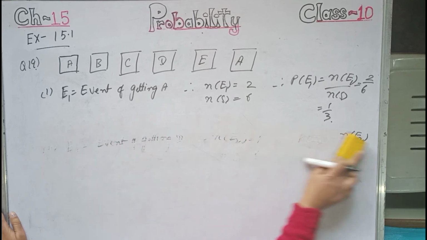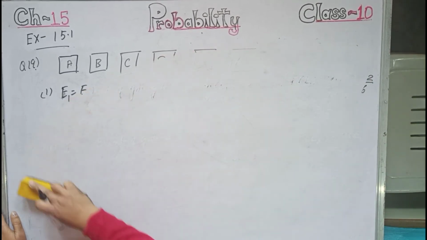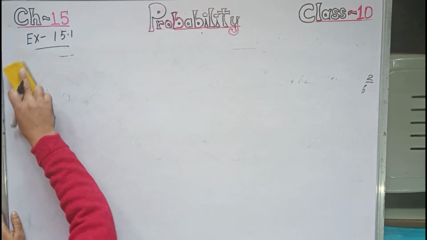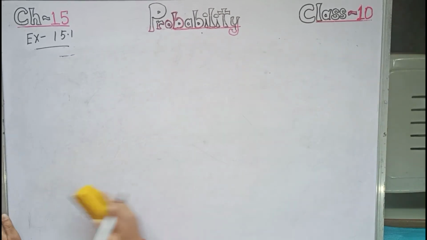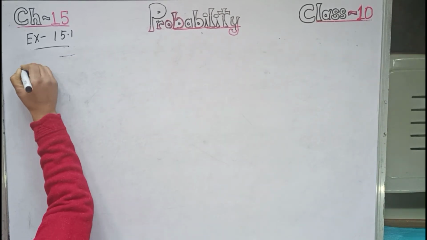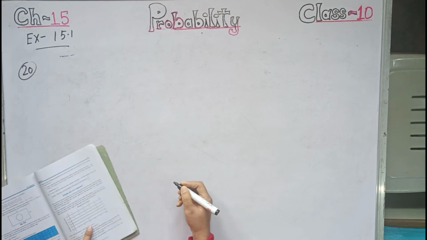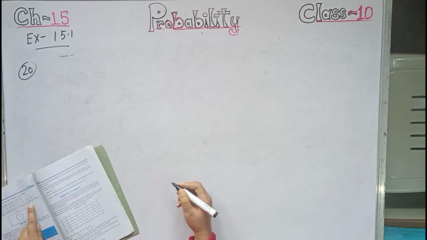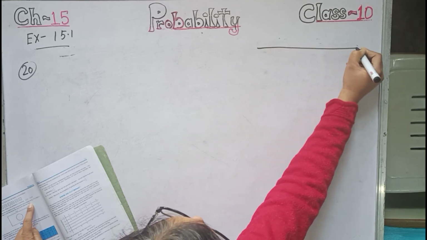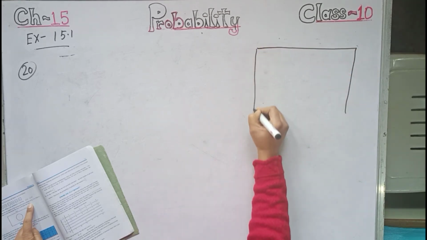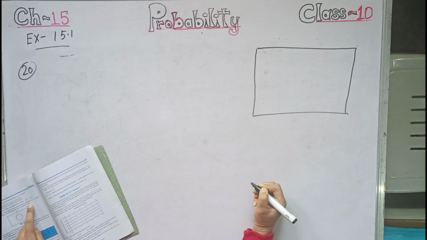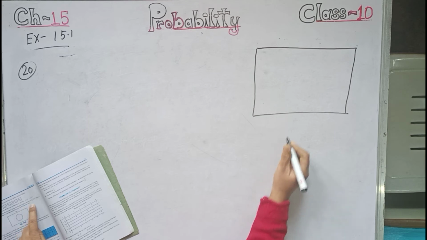Let us move to question number 20. Question number 20, it is saying that suppose you drop a die at random on the rectangular region. One rectangular region is there. What is the probability that it will land inside the circle with diameter 1 meter?